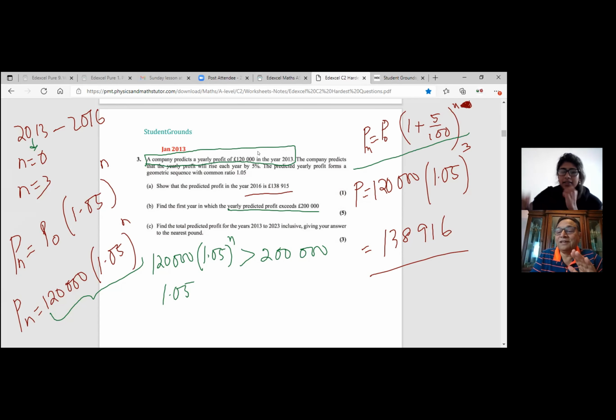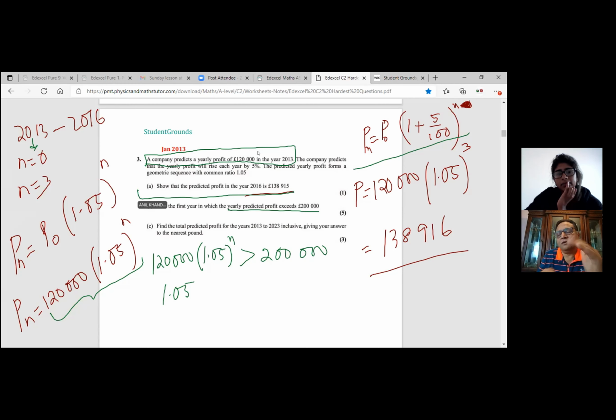You have to clearly say that. I could have used this as n equals 1. In that case, my formula will be to the power of n minus 1. First year, second year. But that will create confusion because the question is to show the predicted profit in this year.